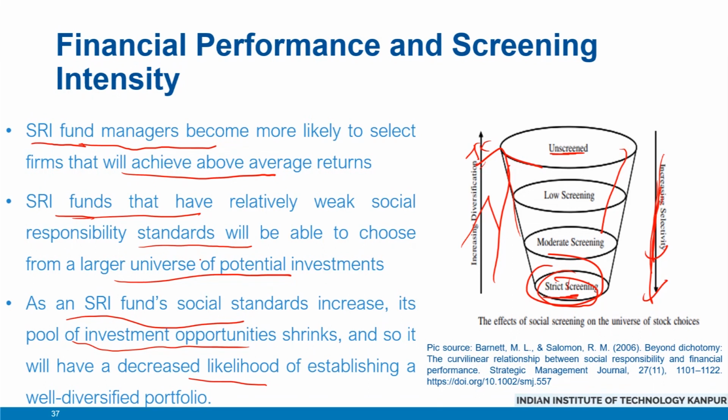Though an SRI fund may bear more and more specific risk by choosing from an increasingly smaller pool of stocks, so as you go down, the diversification is less. However, the pool from which it chooses becomes richer. Good stocks are here. More socially responsible stocks that give consideration to stakeholders.